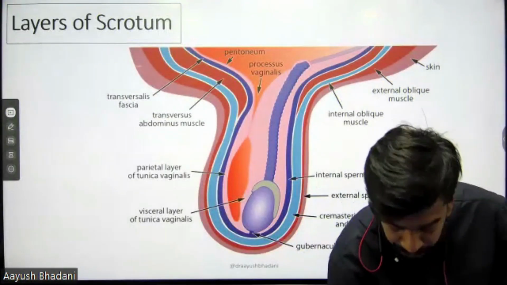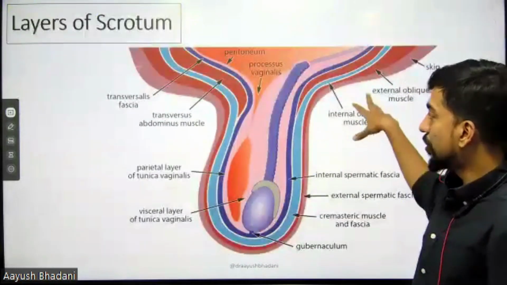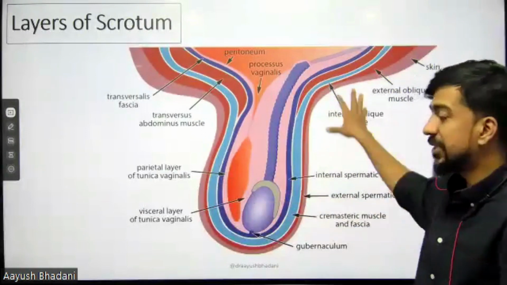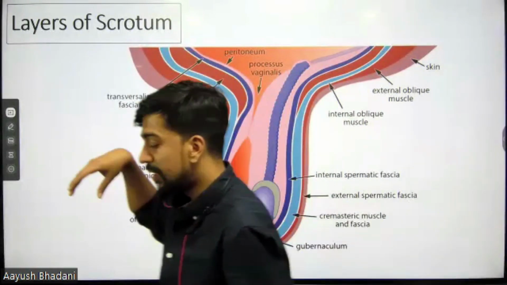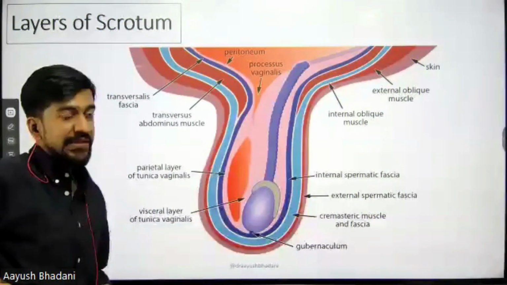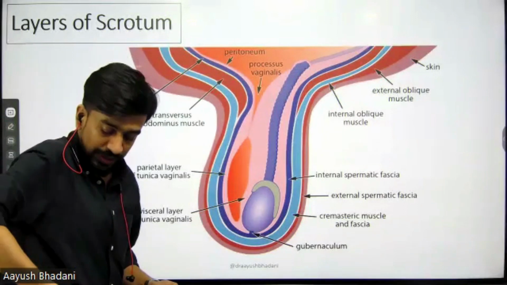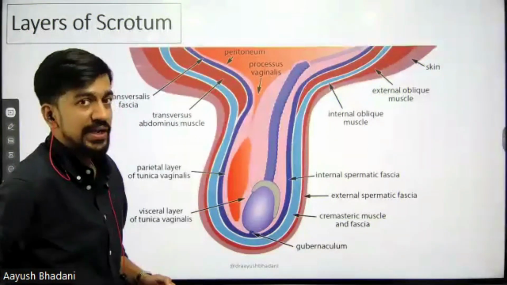So before we go ahead with the eversion of sac, I want you to recapitulate this anatomy which we discussed just a while back. I told you we have an external oblique, an internal oblique, and the transversus abdominis. The external oblique muscle goes down and folds and forms the inguinal ligament.